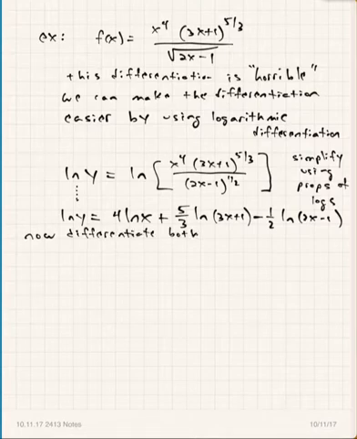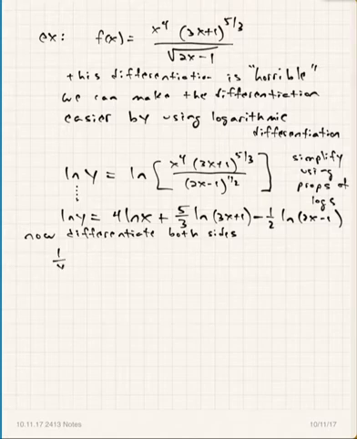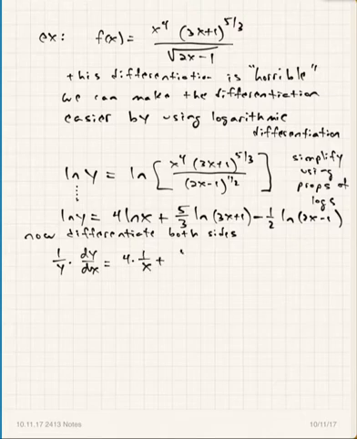So we differentiate both sides, and you get the derivative of the natural log of y, which is the chain rule. It's 1 over u times u prime. So you have 1 over y times dy/dx is equal to 4 times 1 over x plus 5/3 times, now be careful, it's u prime over u, so the derivative of the natural log of (3x plus 1), u is 3x plus 1 there, so u prime would be 3 over (3x plus 1).